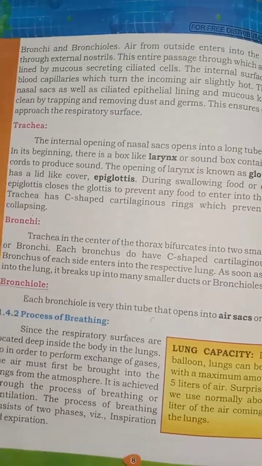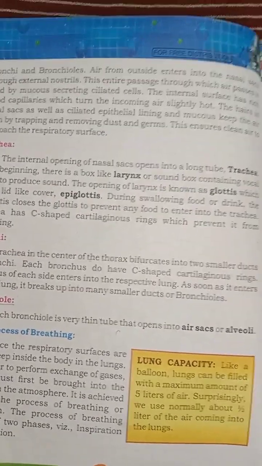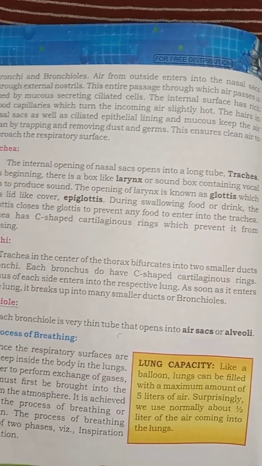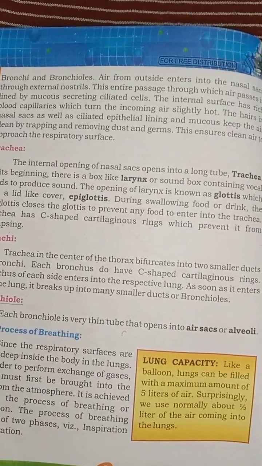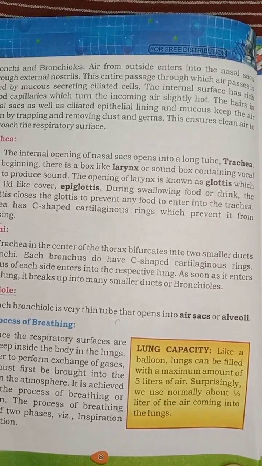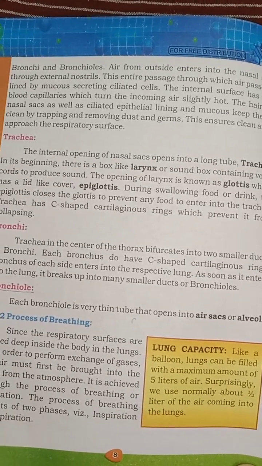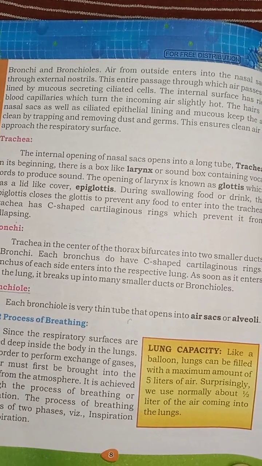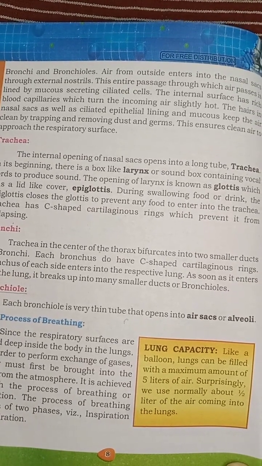bronchi, and bronchioles. Air from outside enters into the nasal sac through the external nostrils. This entire passage through which air passes is lined by mucus secreting ciliated cells.